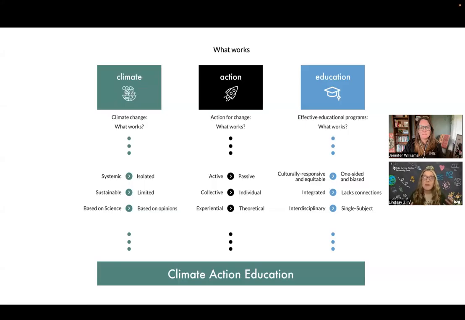In addition, it has to be a collective action over individual. While individual actions are definitely helpful, that collective action is more sustainable and systemic. All of these changes, when put together, help really create a climate action educator.